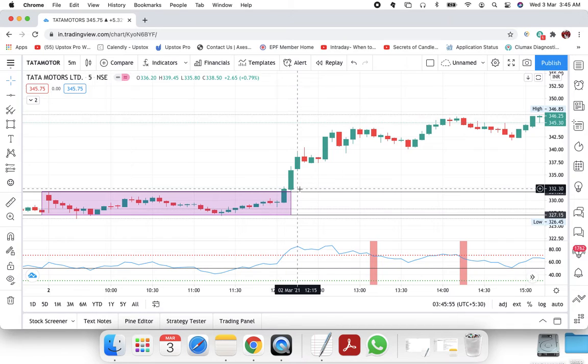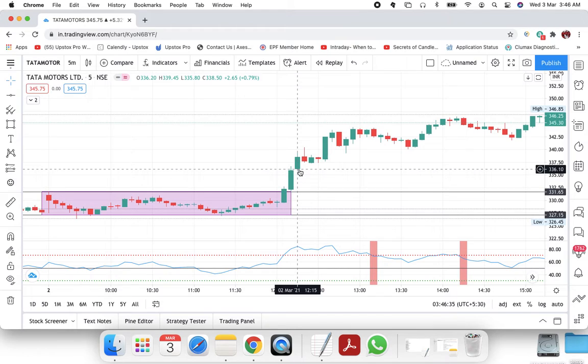Say for example, we made an entry here, and this candle closed here. The very next candle opened here, and it closed there. If this candle opened here and closed here, it is an indication that it may reverse.